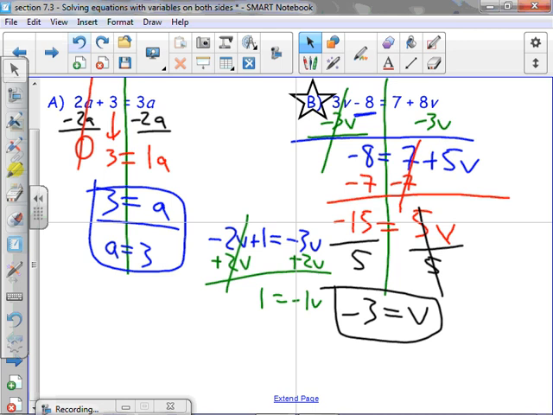Okay? So it's basically the same as what we've been doing with numbers all along. You have to undo the operation in order to get rid of it.